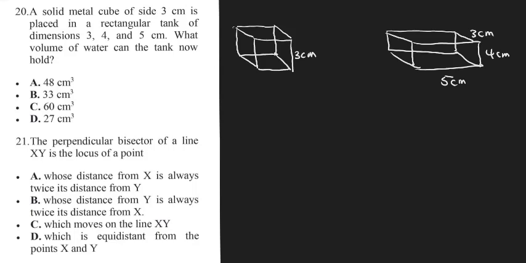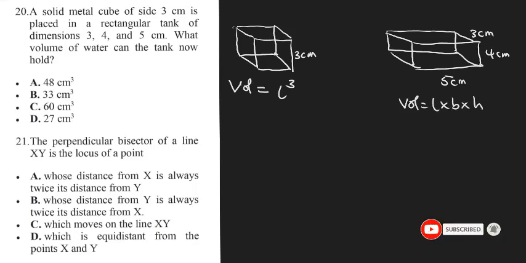So now what is the volume of the cube? The volume here is given by L cube, while for this one, the volume is given by length times breadth times height. So L is 3, so 3 cube, 3 times 3 times 3 is equal to 27.